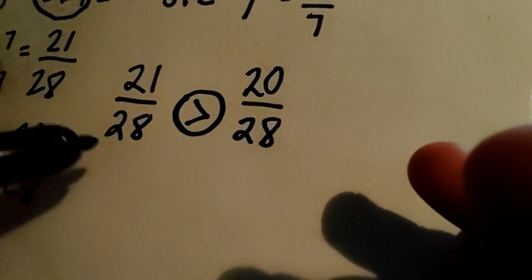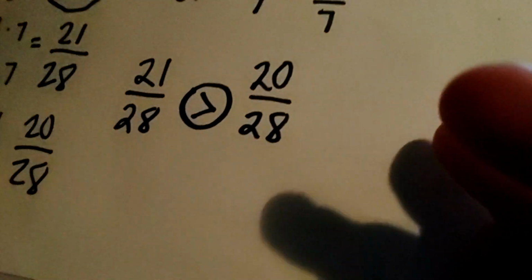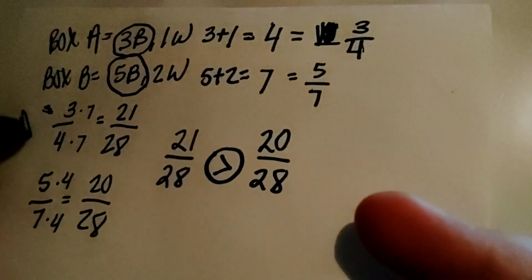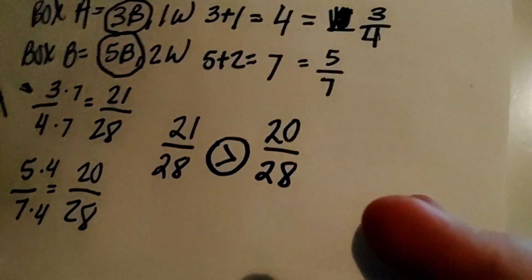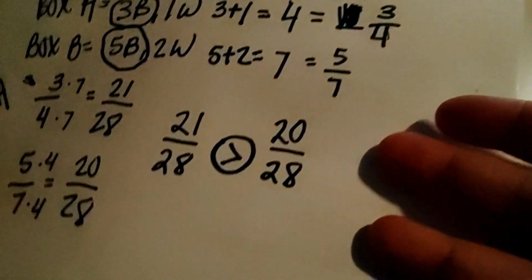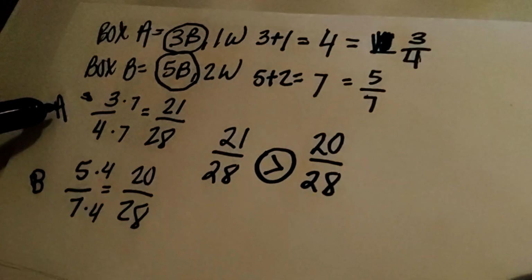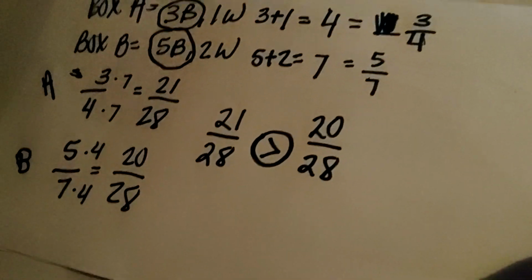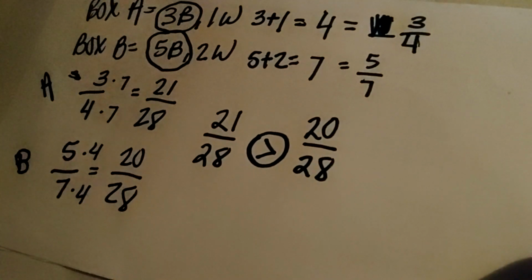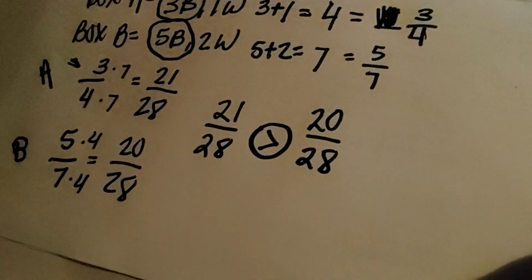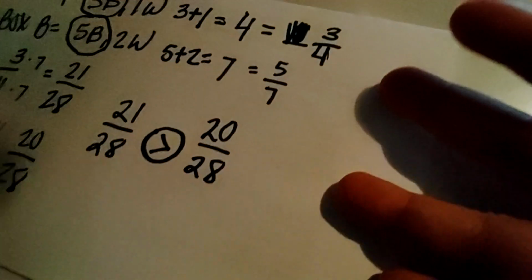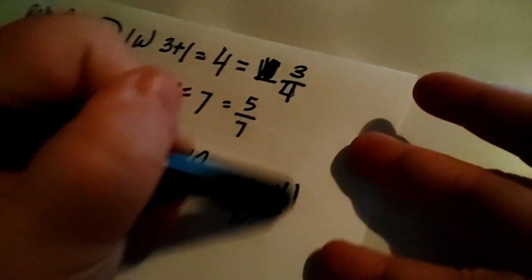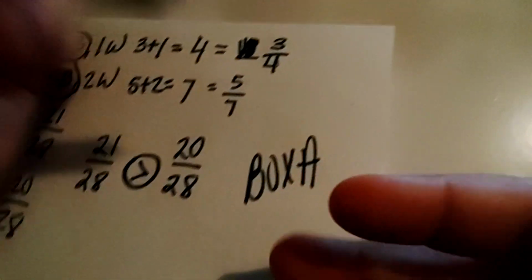Let's remember box A, and we could put an A here and a B here. Does A have a higher probability to pull out a black ball, or does B? You're right, box A. Is that what you were expecting?